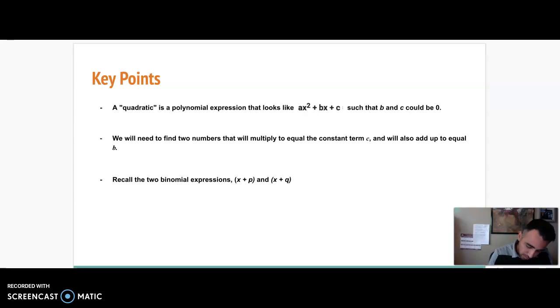So previously we learned that multiplying these 2 binomials, we have FOIL. So x times x is x squared, and then x times q is a positive qx, and then p times x, which is a positive px, and then p times q gives us positive pq.